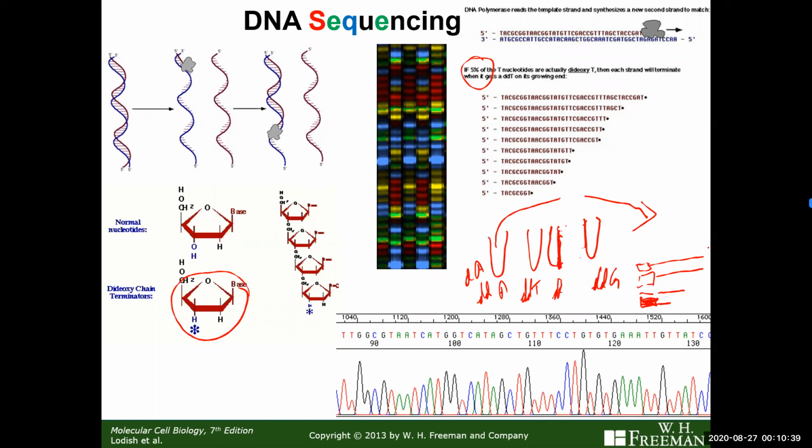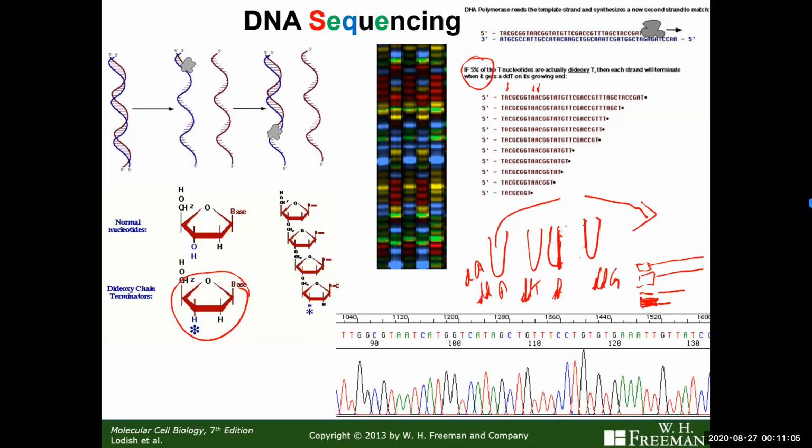Please note that in all the tubes you have the same primer. Because it is a ddA, the first one will stop right here, the next one will stop right here, and the third one will stop right here. So you will generate varying fragment sizes only depending on where the next A is.